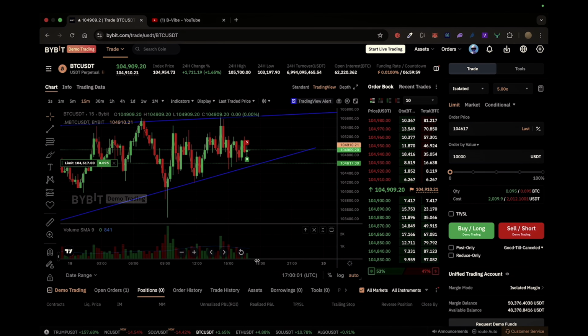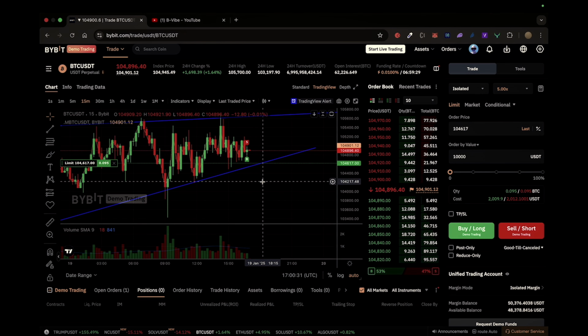That means that I'm currently not in a trade. The trade is not active. It will become active once the price reaches this level. So if the price goes lower, lower, lower to this and touches this level, I will automatically enter a long trade for $10,000 on Bitcoin.